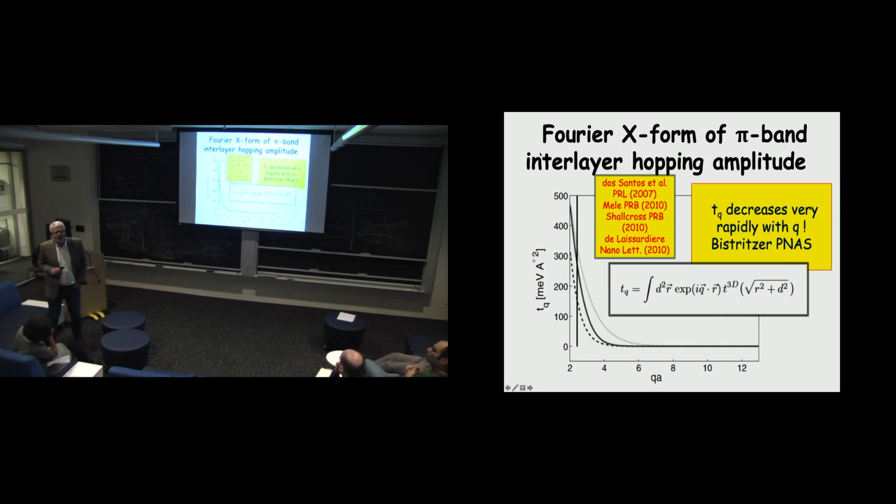And people were trying to understand the properties of twisted bilayer graphene systems by making some guesses for how the hopping from pi orbitals in one layer to pi orbitals in the other layer would depend on position.